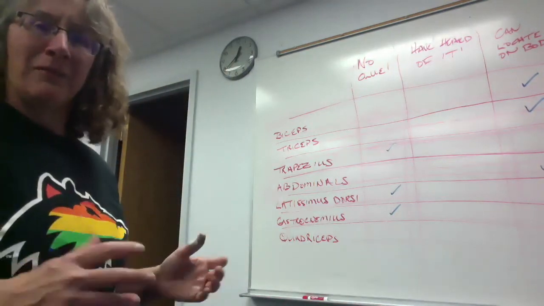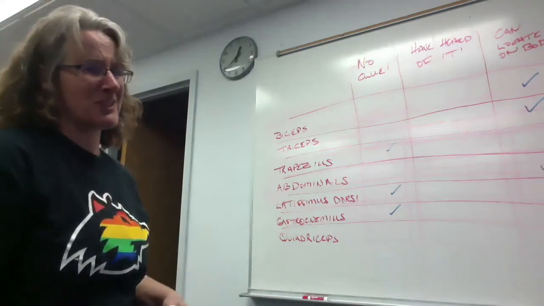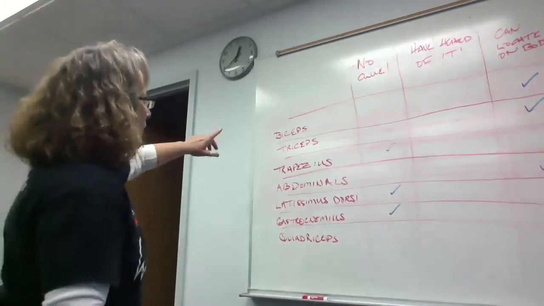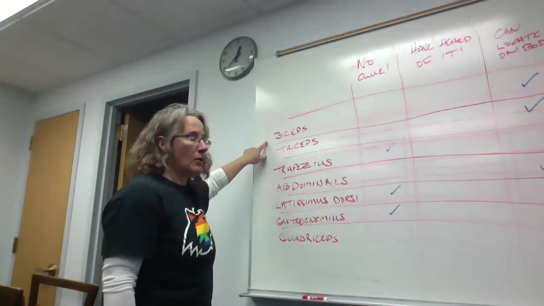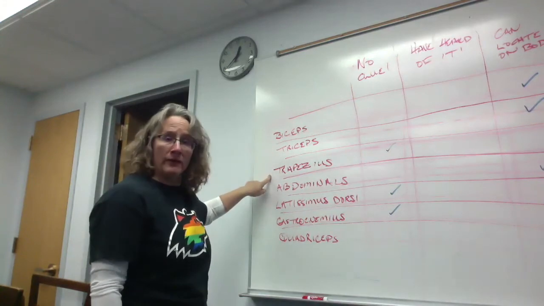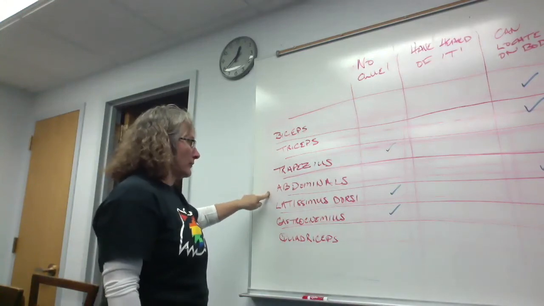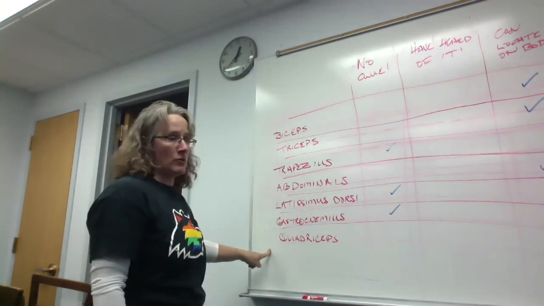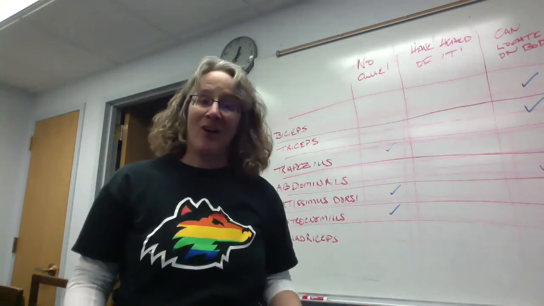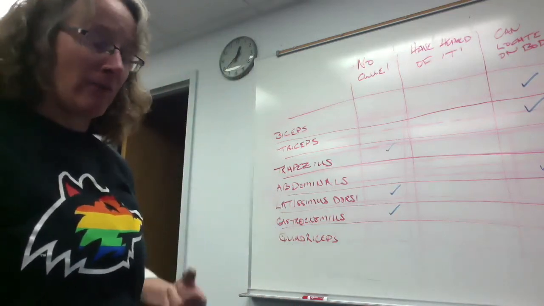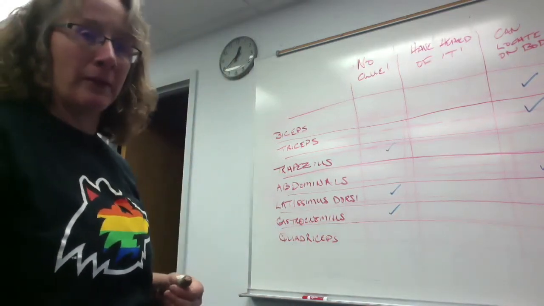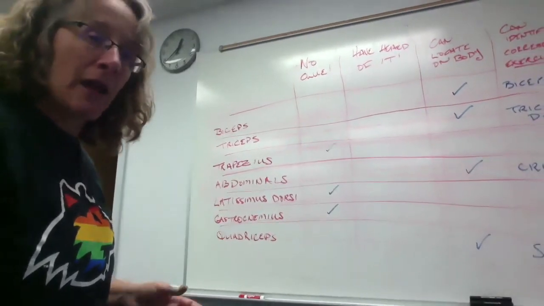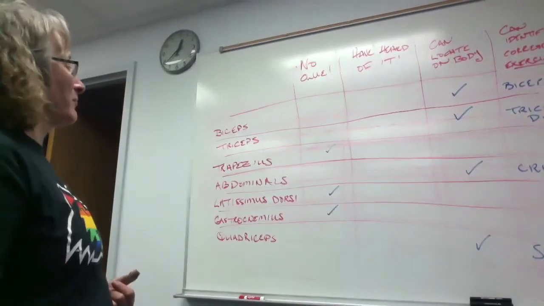The vocabulary is kind of difficult, especially to spell. So I have biceps, triceps, trapezius, abdominals, latissimus dorsi, gastrocnemius, and quadriceps. Now, granted, I have heard of these and have some familiarity, but because of the vocabulary, I'm like, okay.